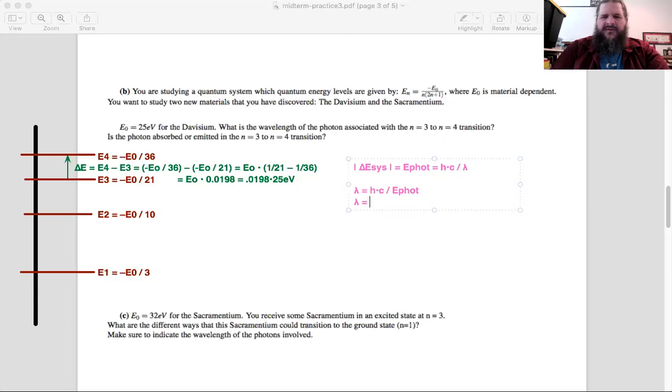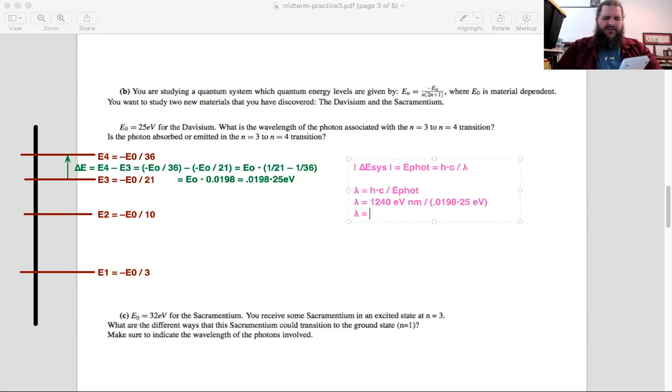And what's our usual value for h times c? Yeah, 1240 electron volt nanometers. We divide that by the energy, which was 0.0198 times 25 electron volts. Electron volts will cancel out, and we will be left with nanometers.